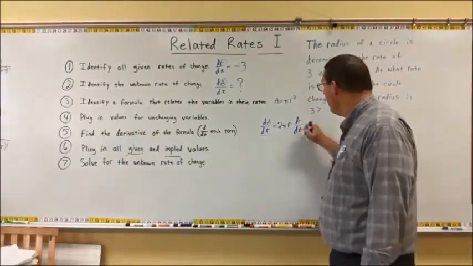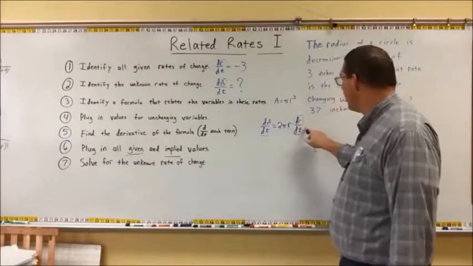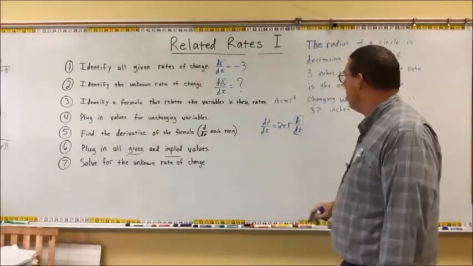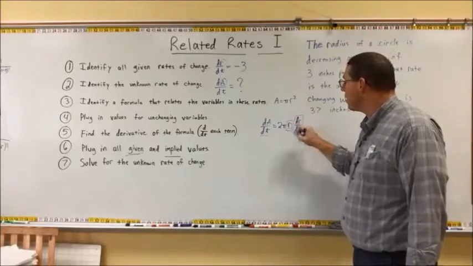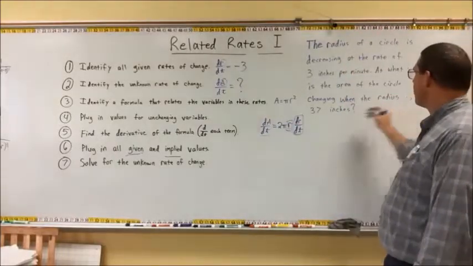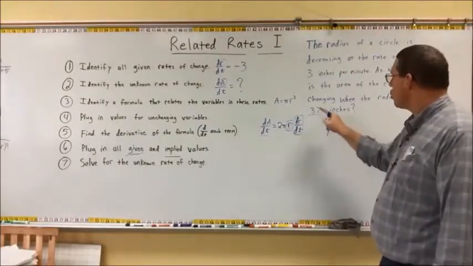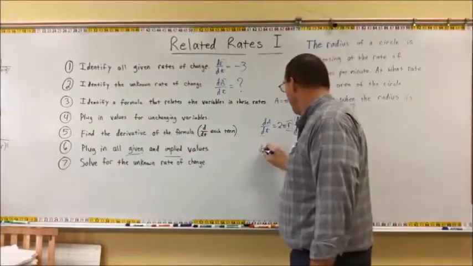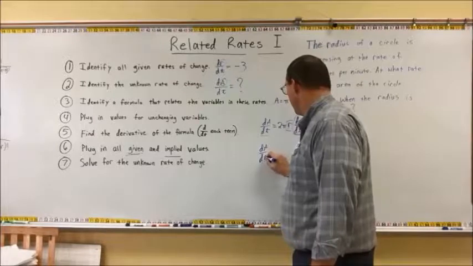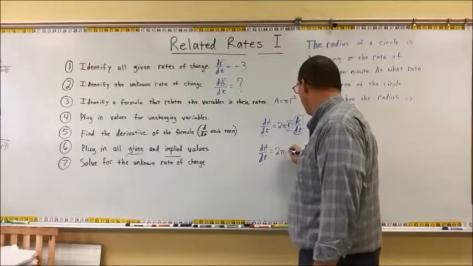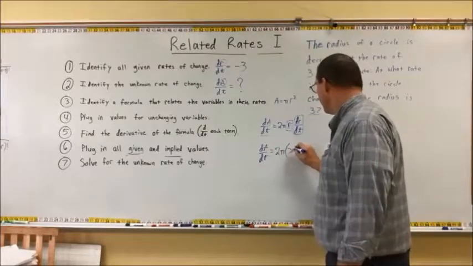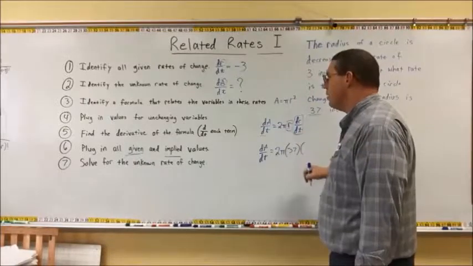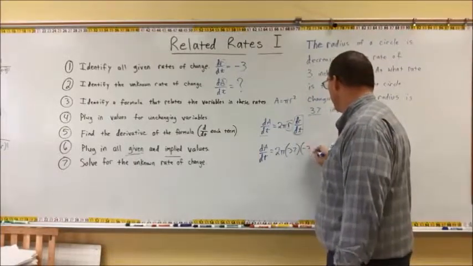We're told that the rate of change in radius is -3. We're also told what the radius is: when the radius is 37 inches. So we're going to put a 37 in here for radius. So it's going to be dA/dt is equal to 2 pi times 37 times dr/dt, which is -3.